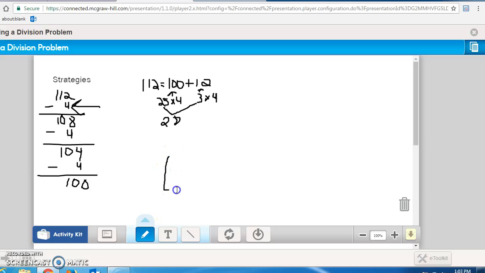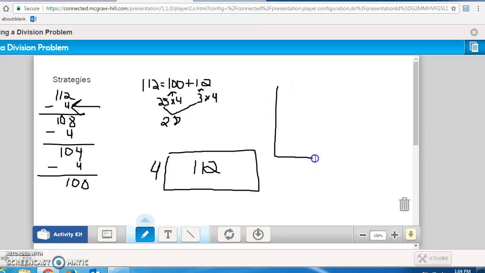I also could do partitioning for a rectangle. I could draw my rectangle, and I could say to myself, okay, I know my answer is 112, and I know that one side is 4. So how could I work that out? Well, I could go like this, and I'm just turning that same rectangle with the same information.